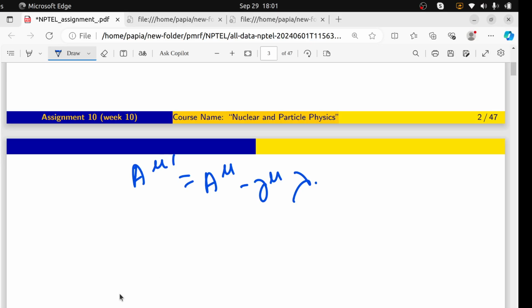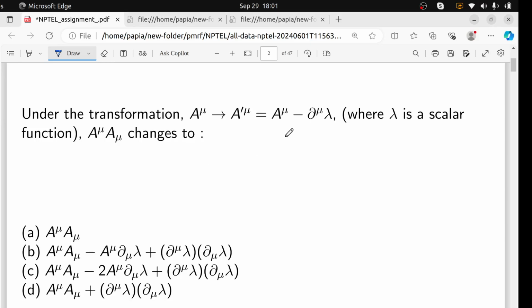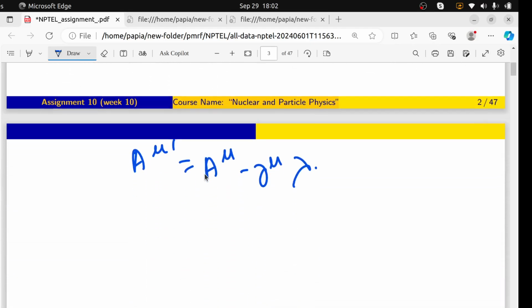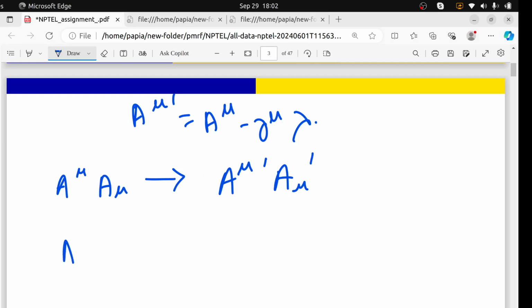The transformation expression is this one: A mu prime equals A mu minus del mu lambda, and lambda is a scalar function. So what will be A mu? That will change to, let's say, A mu prime, right? So what we will check is the value of A mu prime in terms of A mu.